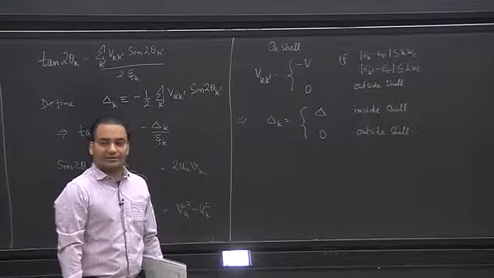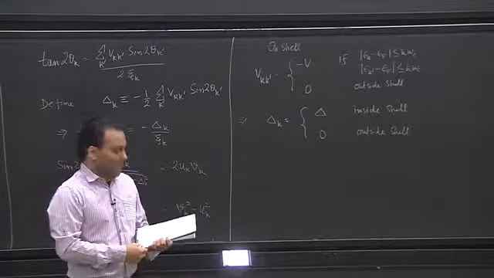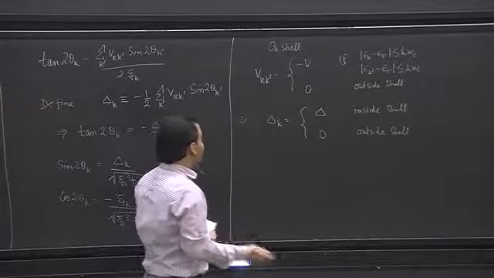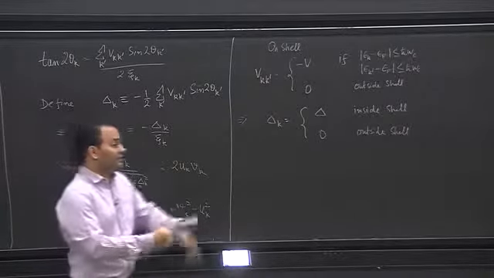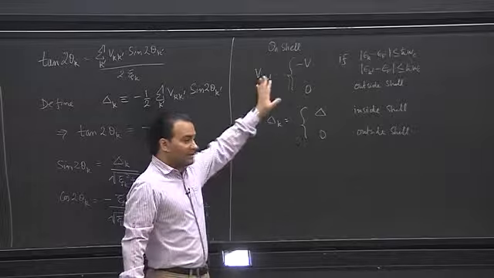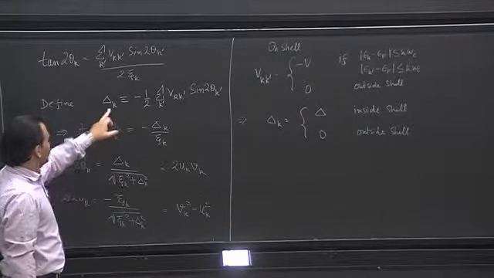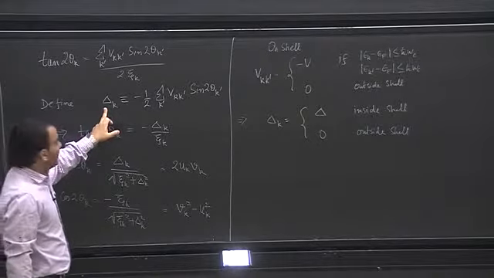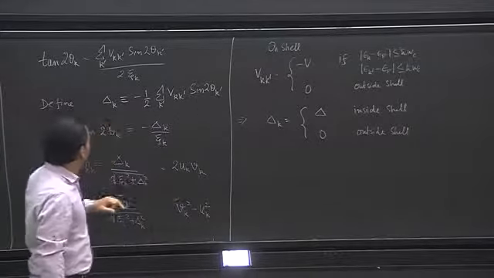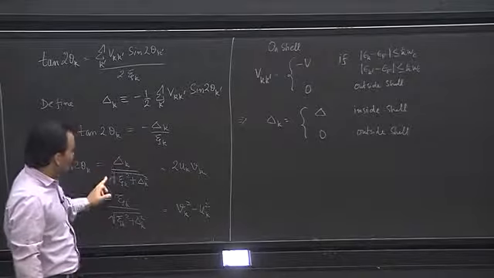Any questions so far? So now this already is a big simplification, making this approximation. Let's put delta to be constant here. Now, what is this sine 2 theta k? This also involves delta.